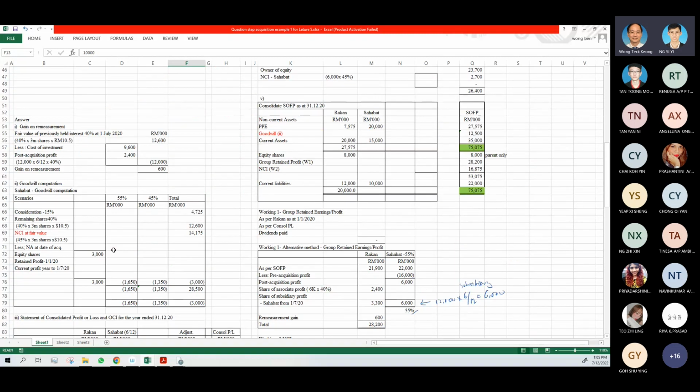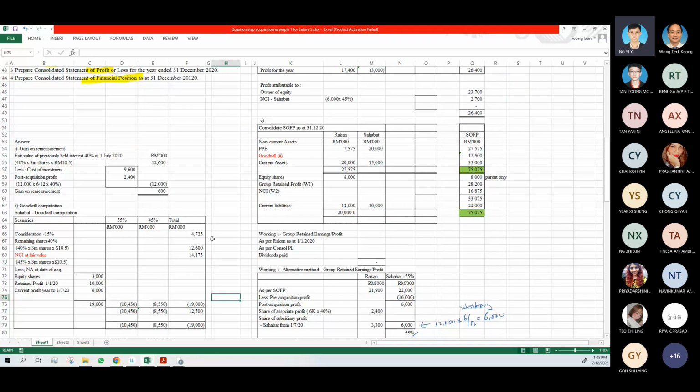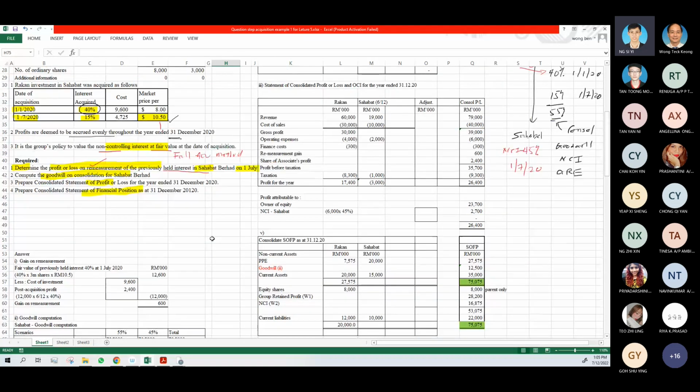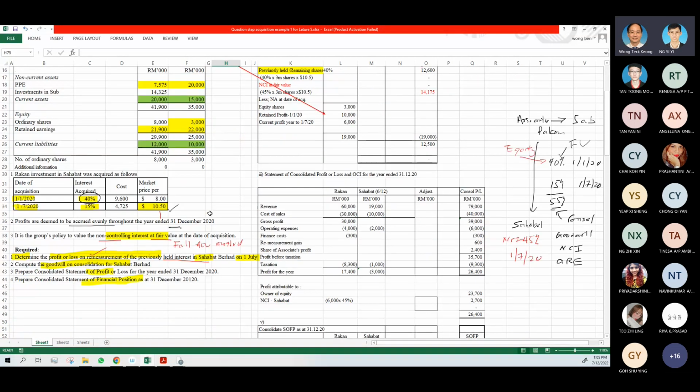So 16,000 you can put here. 12,000 a year, 6 months will be 12,000 times 6 over 12, half of it. Oh, 12,000, not 24. 10,000, 6,000 here, 3,000.